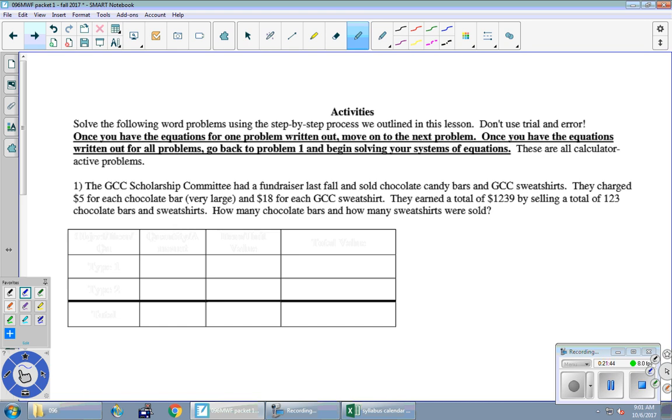But before you solve those by either substitution or elimination, skip to the next problem and do all the work associated with just creating the equations. So for the 5 problems in this activity, get the equations and move on to the next problem. Once you've got the equations for all 5, go back to the first one and then start solving, okay? All right, raise the flag if you get stuck.